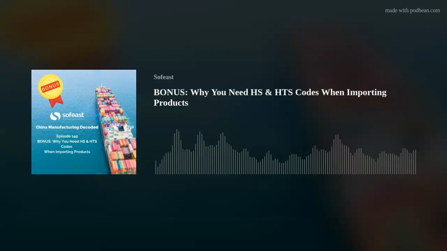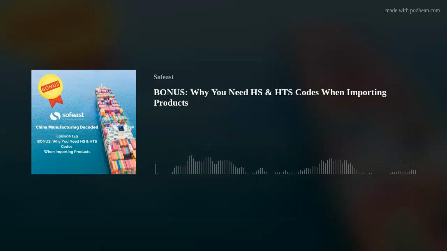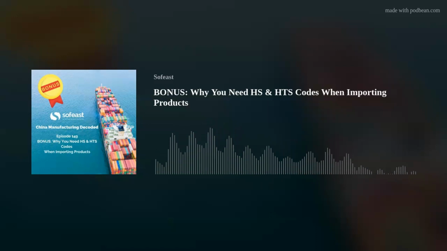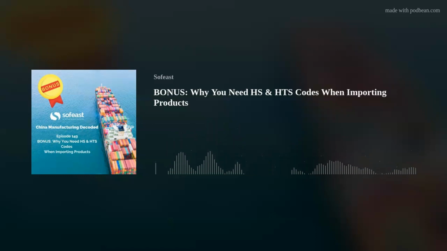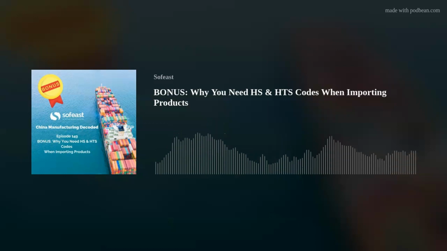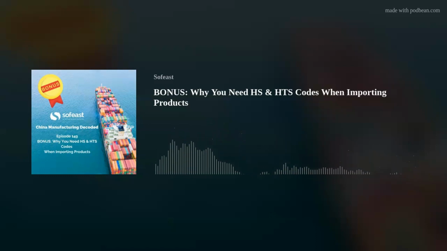This will end up in your final cost, as it comprises your manufacturing price, your logistics price, your delivery cost, and then finally the duty cost that you would pay at the border once your goods come to the country you are importing to. So that's why it is very important to have it right, as this will impact your margin and the final price your customers would pay for your product.